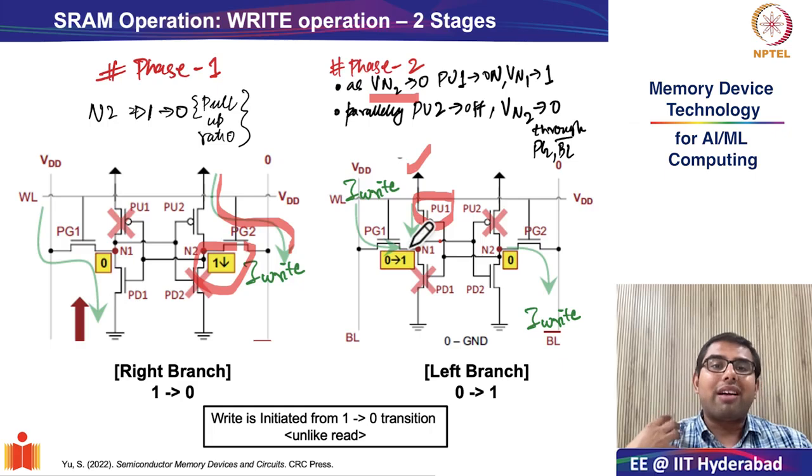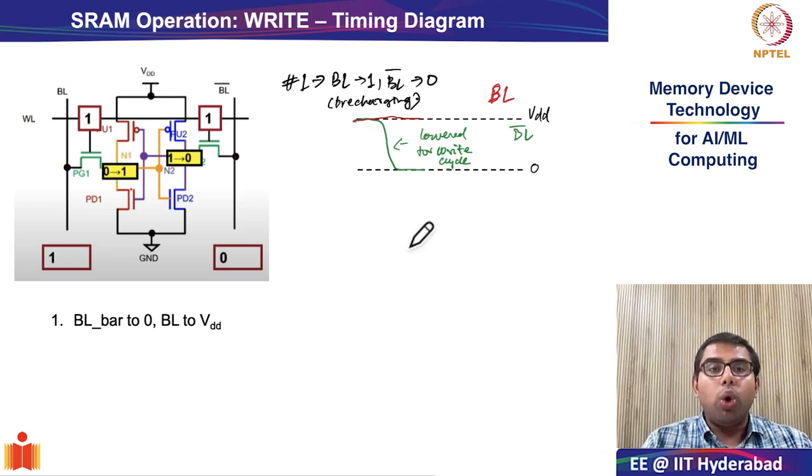And therefore your write process happens in two stages, initiated from the node which had the storage node stored as 1, or in this case the right hand side of the branch, which had N2 or VN2 as 1, and it flips to 0. Okay, so the same concept we will look at in detail using the write timing diagrams.